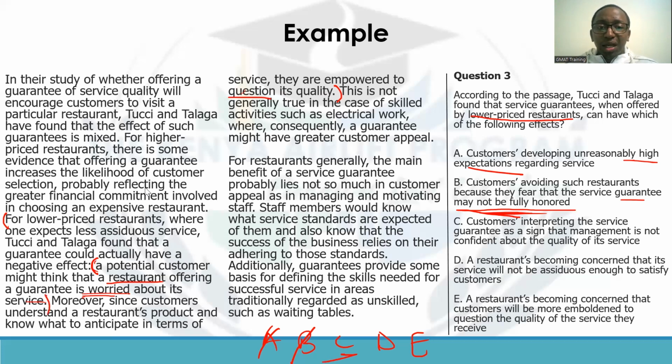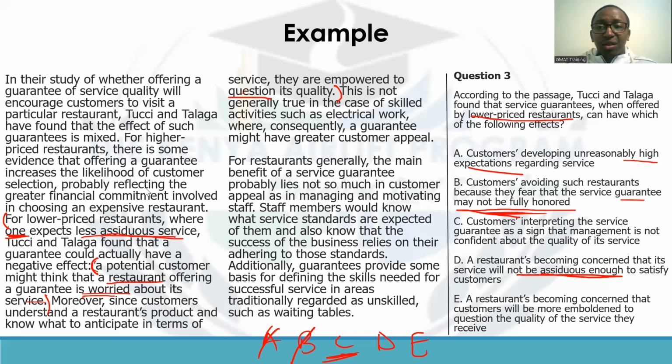So we keep C. D, a restaurant becoming concerned that its service will not be assiduous enough to satisfy customers. Remember that with these lower priced restaurants, the customers already expect less assiduous service.